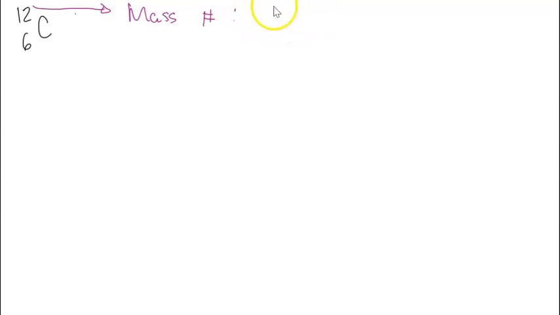The mass number tells us the number of protons and neutrons in the nucleus of the atom.